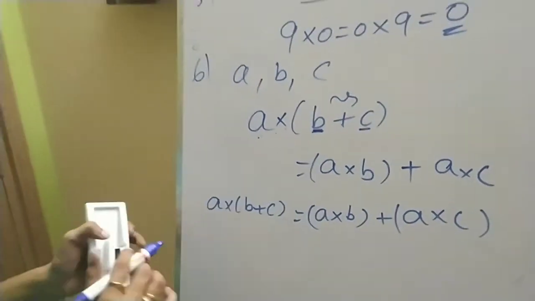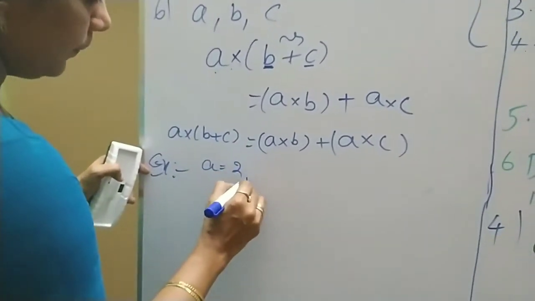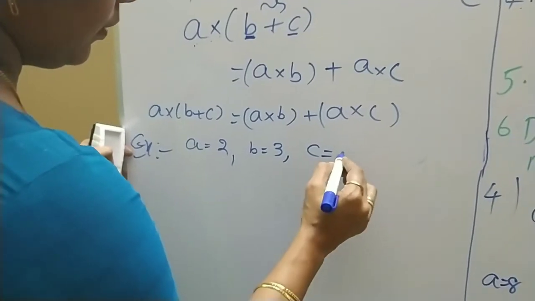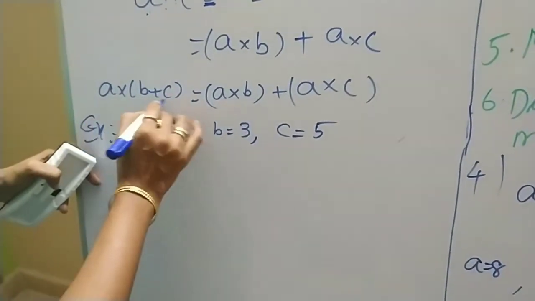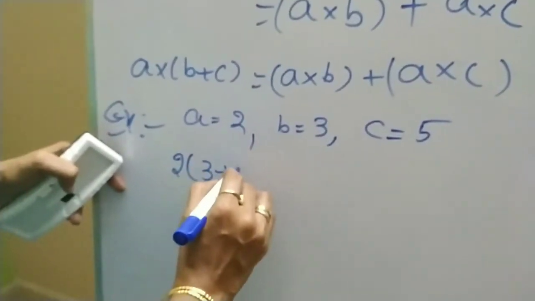Okay. See with example. A equals 2, B equals 3, and C equals, this time I am taking 5 here. See, in place of A, B, C, I am writing these values. 2 into 3 plus 5.